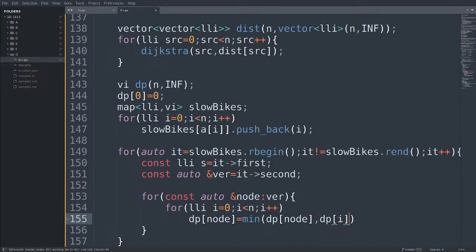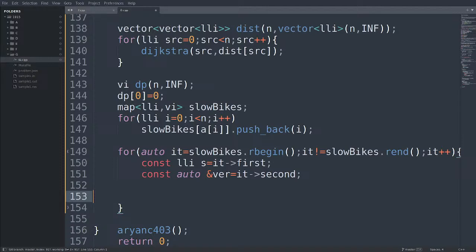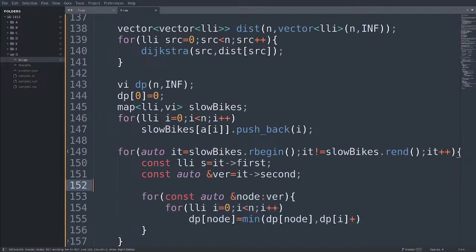Like some node with a higher capacity trying to reach over here. Or probably we can say that we have already reached a particular node with that slowness. And now we want to go to some other node using the bike which is present at this node.